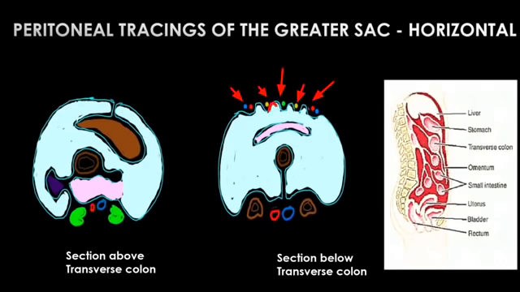Then after covering the anterior abdominal wall, it covers the lateral abdominal wall, then passes posteriorly to cover the ascending colon and descending colon, and continues as the mesentery to cover the small intestine. A small portion of the lesser sac is also seen here. So in this way, the horizontal tracing of the section seen below the transverse colon can also be done.